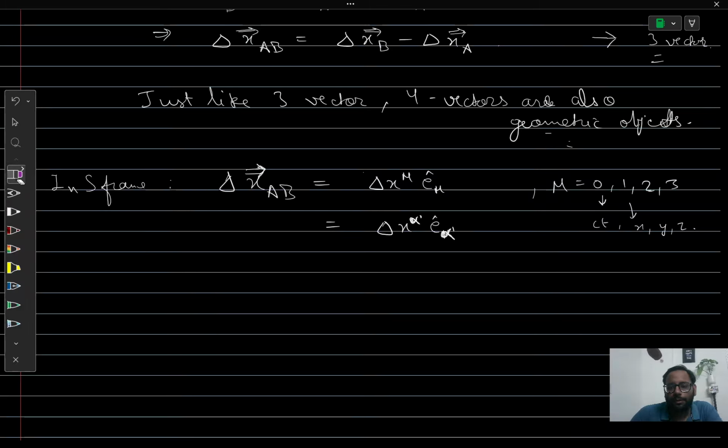Okay, so let's rewrite this in a proper sense, that in S prime frame the same geometric object has a different representation and is given by this thing. Okay, so this is the thing. Now, what does this mean actually?